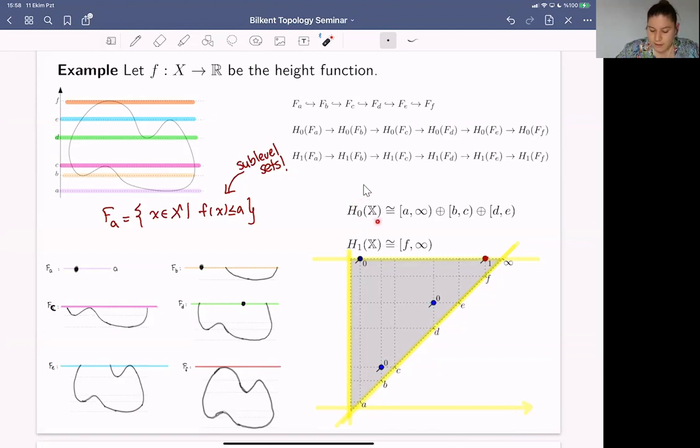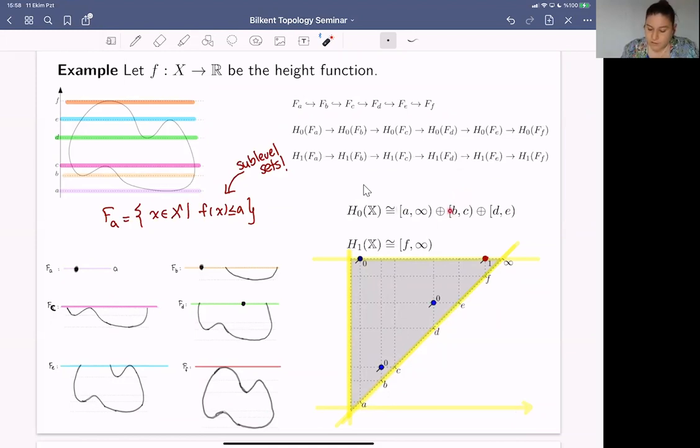So if you consider the persistence module of X, that means there is one generator born at the level A, but this point never dies. It persists forever. But at the level B, one component is born, and this component dies at the level C. So you write that one generator was born at time B and dies at time C. And you can keep this process.